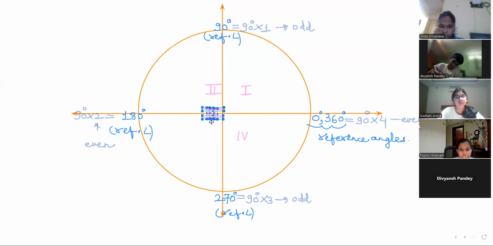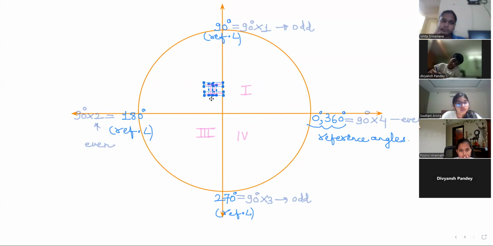Ishita, reference angle for first quadrant 0 and 90, yes or no? Yes, sir. What about the second quadrant? 180 and 90. 90 and 180, where it starts is 90, where it ends is 180.